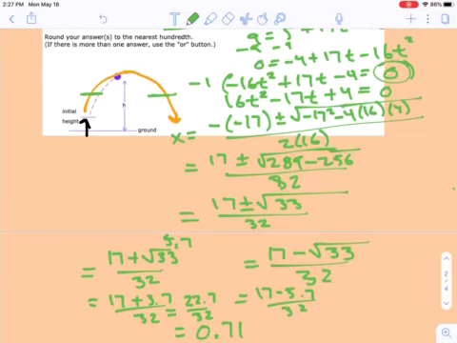And then 17 minus 5.7 is 11.3. Divide that by 32, and you get 0.35. All right? And so the times we're talking about, apparently this thing takes off pretty quick and comes down pretty fast. All right, so 0.35 seconds, and then later on at 0.71 seconds.